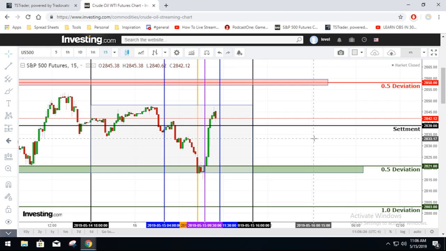It was a strong move this morning to the upside. Caught part of it. Settlement will be a decision point. Let me see exactly what settlement was.